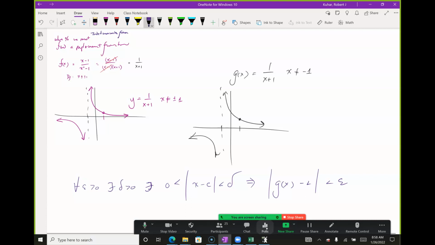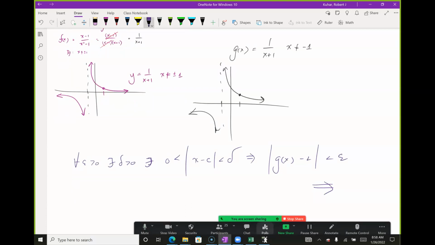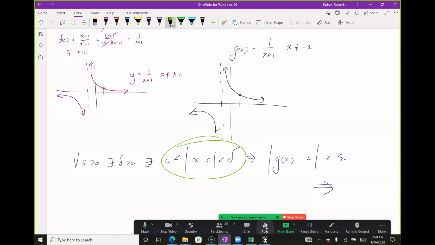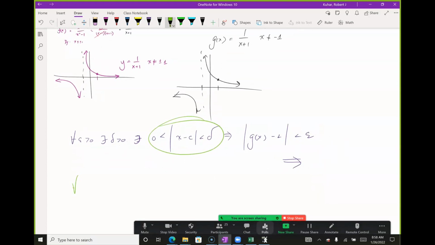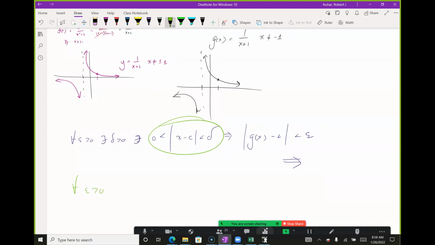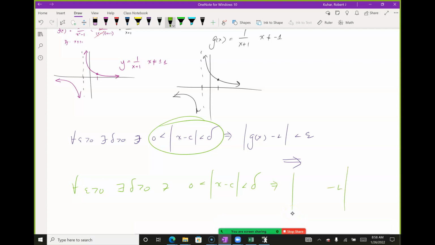But because I never get to what value of c, what value of c do I never get to? One. So I can put the f of x in there, and I got my limit.